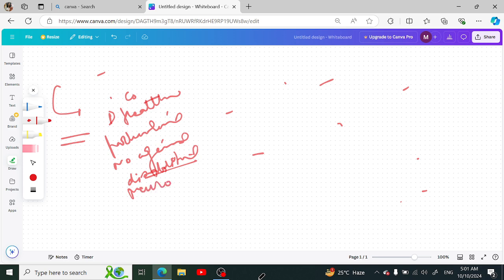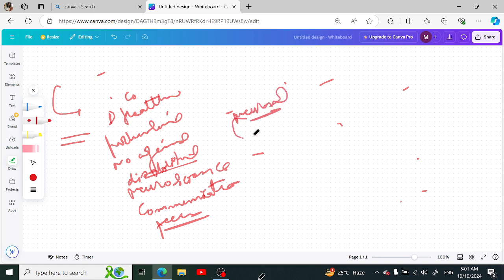Then neuroscience, and communication technology. The brain is made up of millions of cells called neurons, and neurons use electrical and chemical signals to send information. There are three major kinds of neuron: sensory neuron, motor neuron, and interneuron.